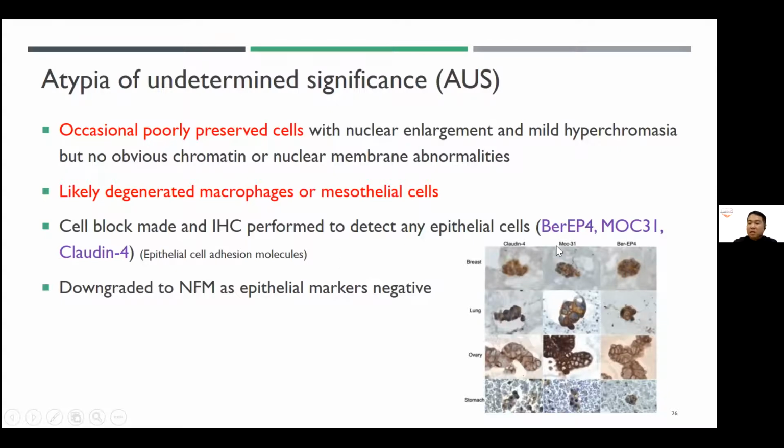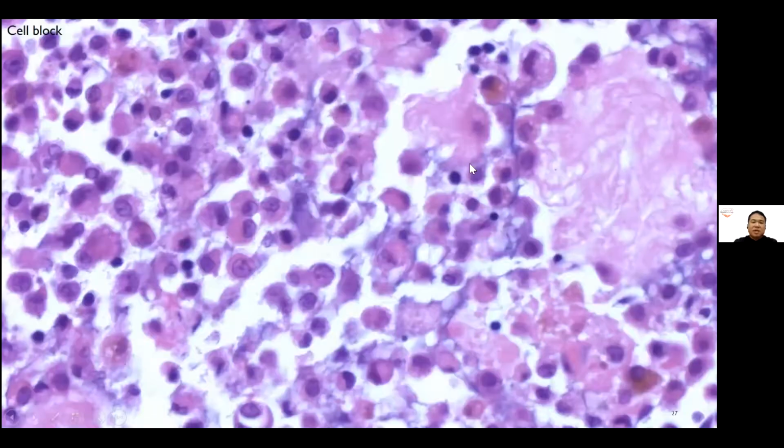So this can be a first screener to pick up the problematic atypical cells, and the others are non-problematic atypical cells. If this staining panel is negative, you can downgrade atypical to negative for malignancy. If any one is positive, you should further survey whether this atypical cell is meaningful or not. And in this case, we have a cell block.